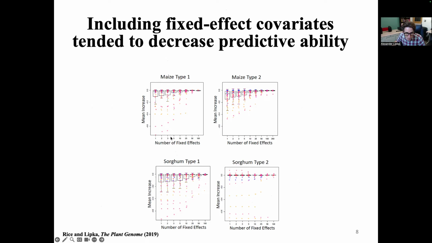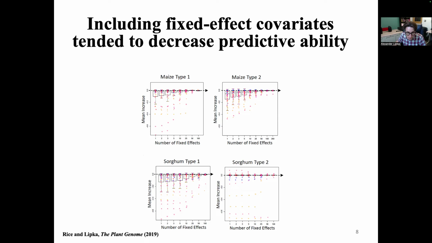Now, on our x-axis for each of these plots, it's the number of markers that were included as fixed effect covariates. And then the y-axis was the mean increase in predictive ability of including those fixed effect covariates in the model. And just to give you an idea of how poorly including these fixed effect covariates actually works, these black lines show a y coordinate of 0.